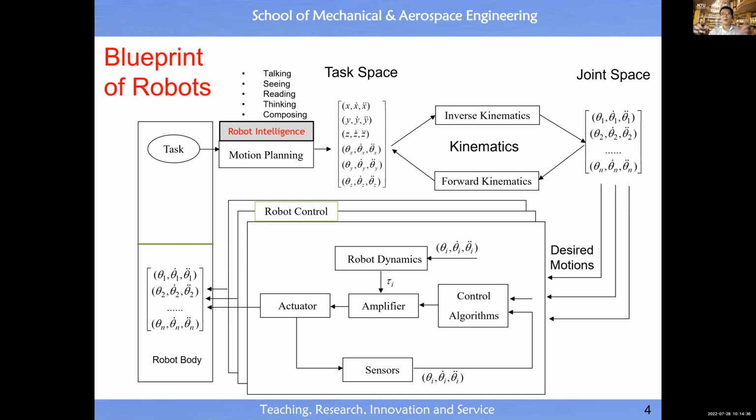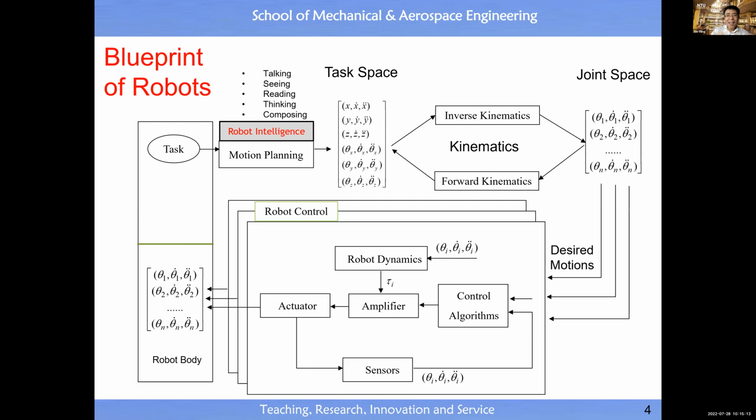Let me give you a very convincing answer about this viewpoint of thinking of a robot as a motion system, because we need to know how to transform a task into motion in task space, the motion in task space into motion in joint space, how to make motion in joint space controllable, and how to perform or control the motion so that the body of a robot could output the motion. All right, keep this in mind, then it's easier for you to study robotics.